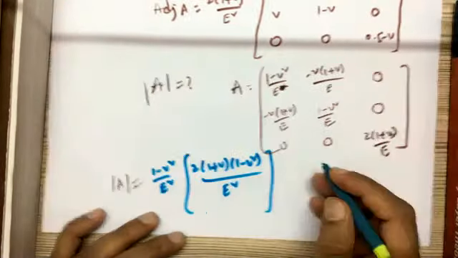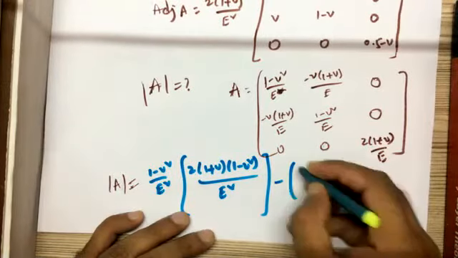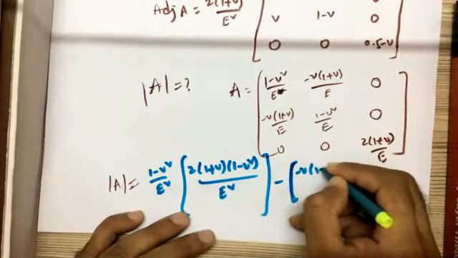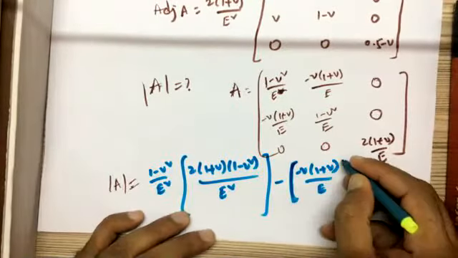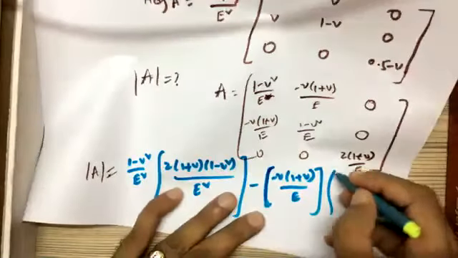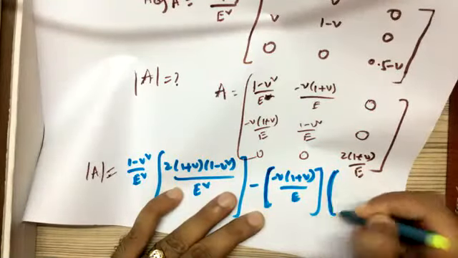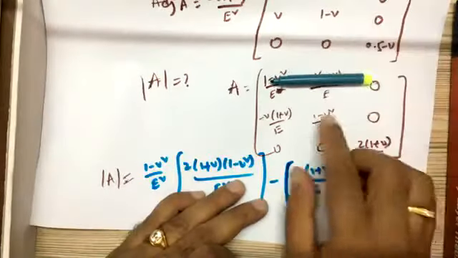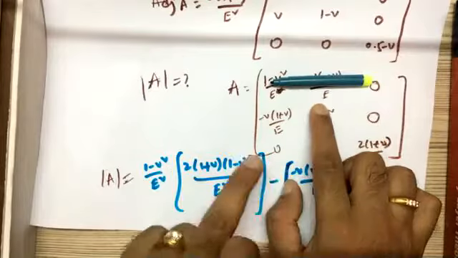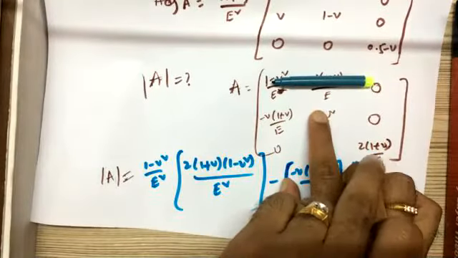Minus 0 is 0. Minus of minus nu into (1 plus nu)/E into, what is that? You eliminate that particular row and column. What is the determinant? [Minus nu into (1 plus nu)/E, 0; 0, 2 into (1 plus nu)/E].